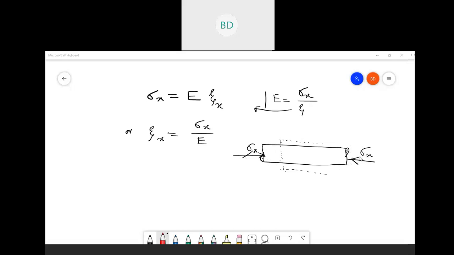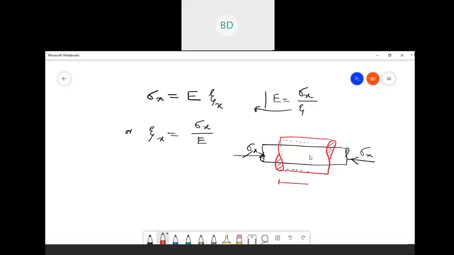So this is sigma x and this is the reaction, so I have put the slash line. If you compress this bar, definitely its area will increase. Are you clear about that? Its area will increase, but its length will decrease.